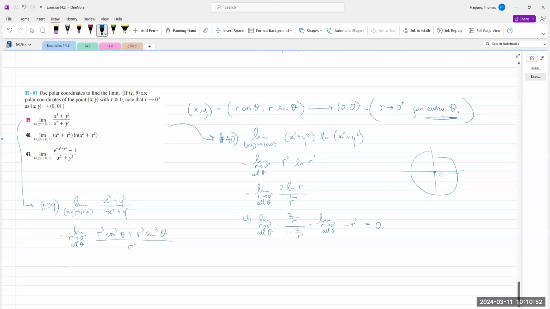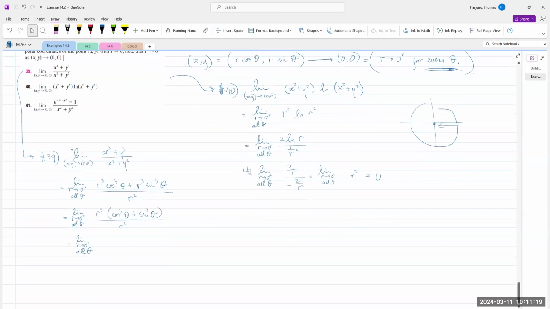Notice that I can factor r cubed from the top, and you will see I can cancel the r squared later on, because r is not 0 yet, right? This is equal to r times cosine cubed theta plus sine cubed theta.